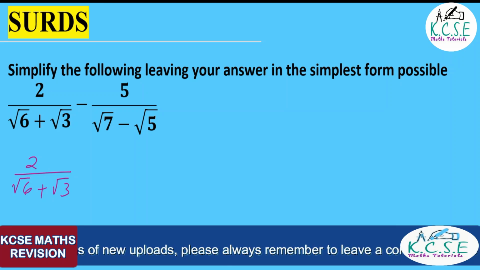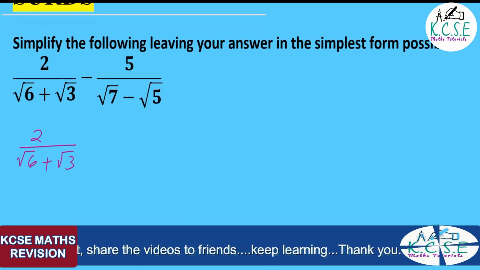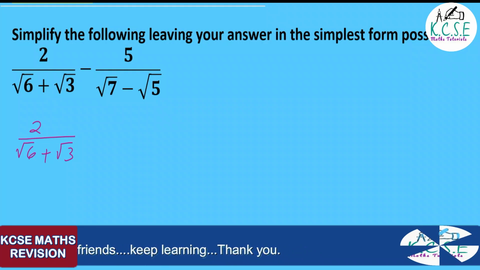To simplify this, we need to rationalize. So we multiply both the numerator and the denominator by the conjugate of the denominator.